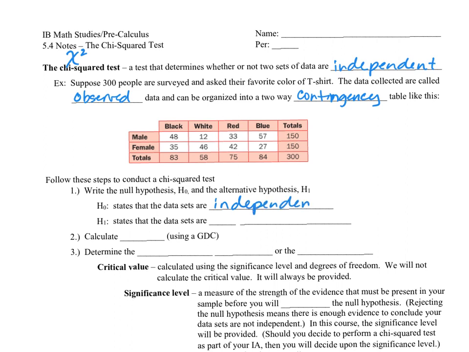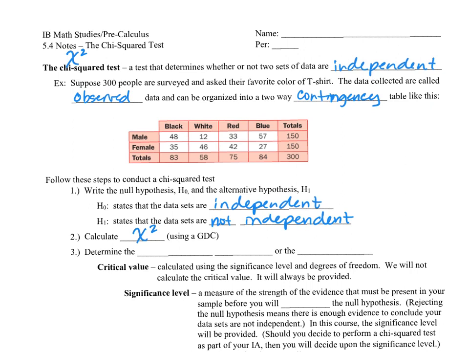The alternative hypothesis states that the two sets of data are not independent. So step one is just to write down those two hypotheses, all right? And then step two will be to actually calculate chi-squared. Now, fortunately, in this course, we will let the calculator do that calculation for us and find that statistic.